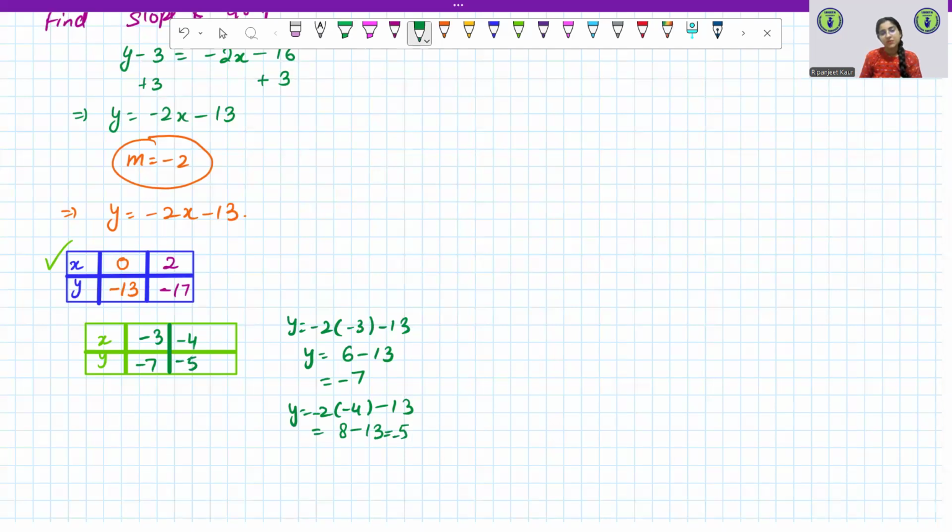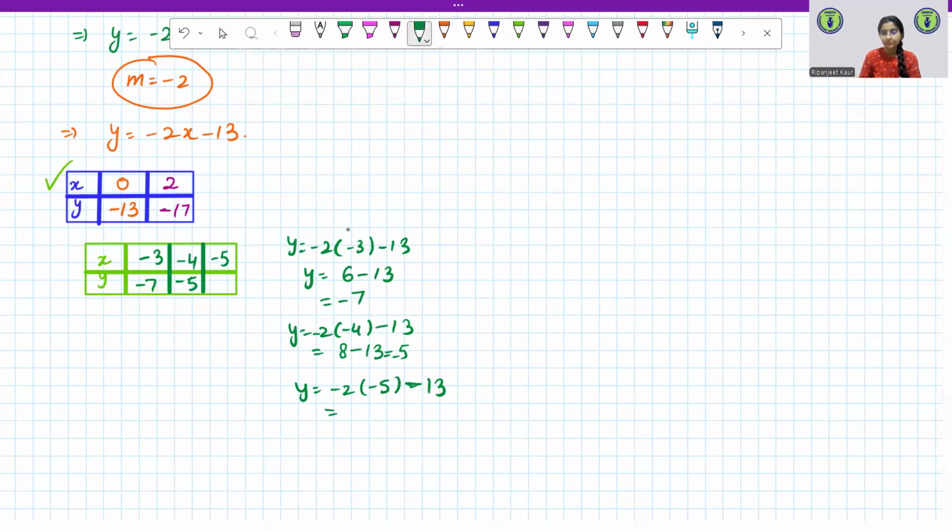And what if we take x value as negative 5?